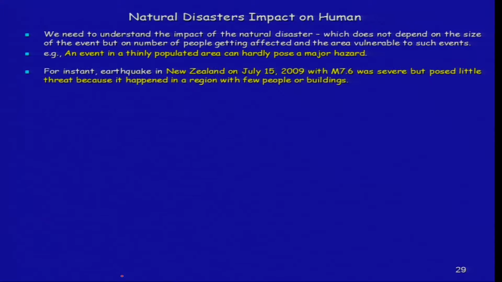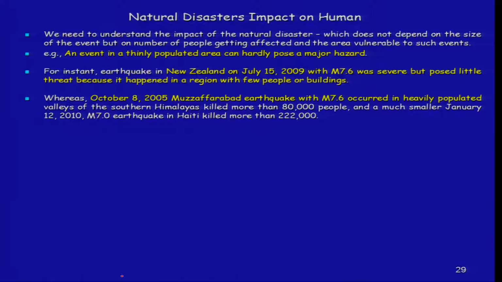Now, this is an example from the earthquake which occurred on 15th July 2009 with a magnitude of 7.6. According to the magnitude it was a severe event, but it posed little threat because it happened in a region with few people or buildings. So, it was not very hazardous for that particular region.